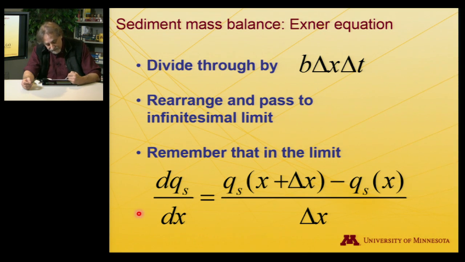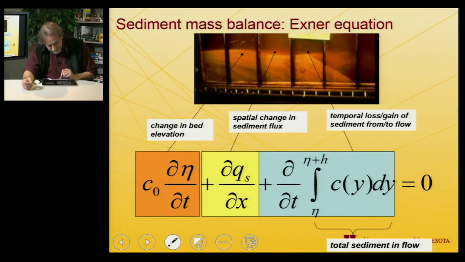The derivative is always defined as the dependent variable evaluated at the more advanced position minus its value at the less advanced position. So in this case, we take x plus dx, evaluate qs there, subtract off the qs value at x, and then we divide through by the interval distance dx. And that's how the derivative is defined.